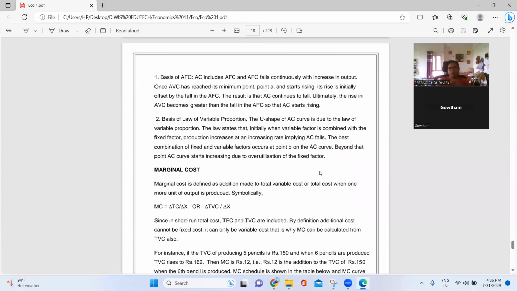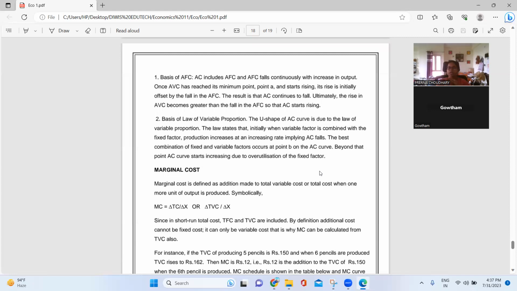Now, the basis of AFC. AC includes AFC and AVC. It's written AFC both times, but it should be AVC somewhere. AC includes AFC and AVC. AFC falls continuously with increase in output.